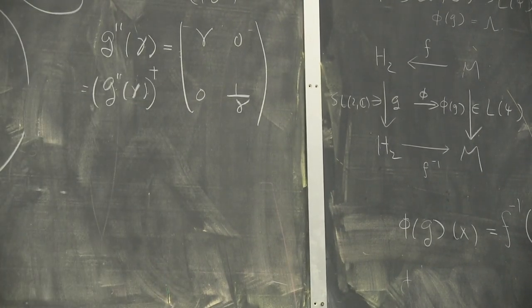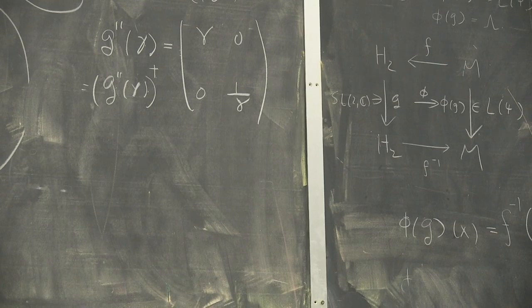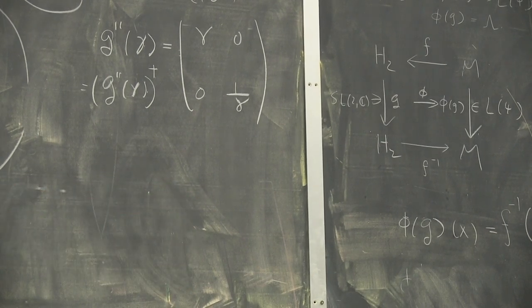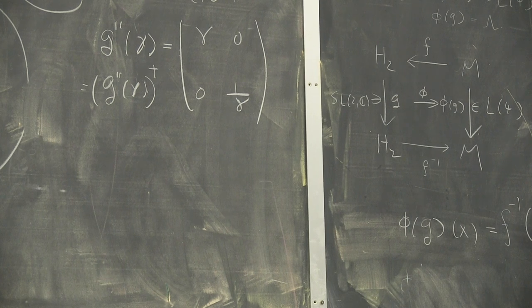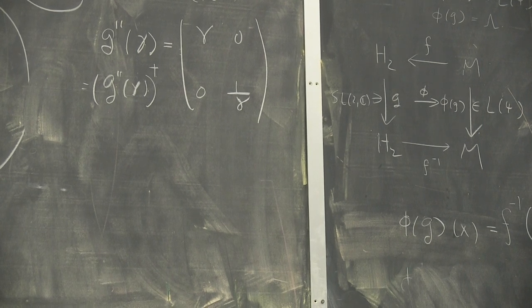So now we will take this one and try to apply that homomorphism formula. Let's say this G double prime is outside of, obviously it's not SU2, right? Because it's not unitary, right? Obviously it's not. Do you know why it's not unitary?